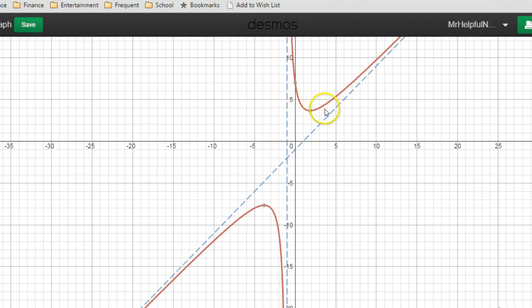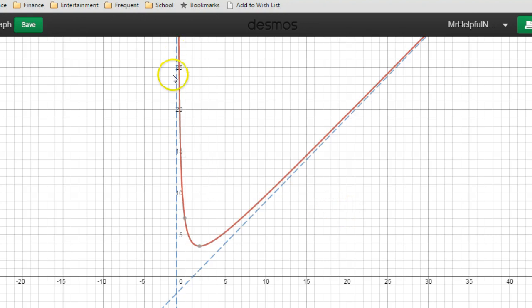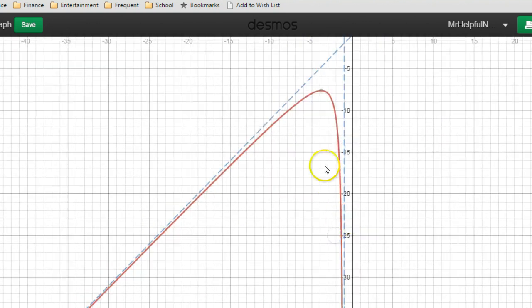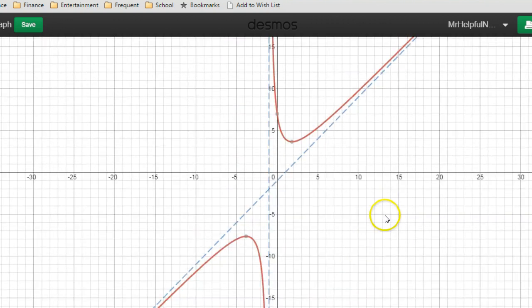There's one up here and there's one down here. But in both cases, it's approaching the diagonal asymptote and the vertical asymptote. Okay, and there you go. That's what this type of a crazy function looks like. We'll be graphing these by hand soon, so watch out for that.